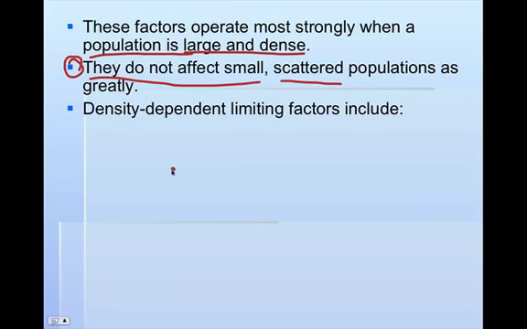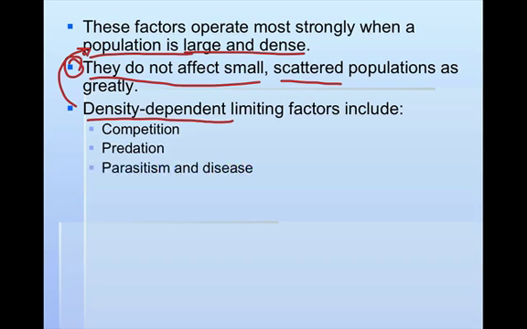Density dependent, once again, means dependent on a large population. They include competition, predation, and parasitism and disease. So once again, the 3 that we've talked about in podcast 4-2 part 1.